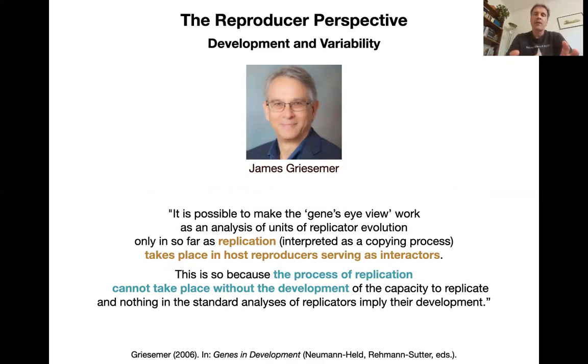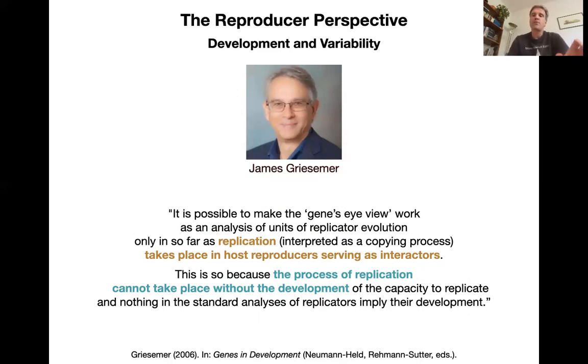Only that context will provide the right kind of variability and the ability to actually reproduce the organization of the organism at every generation. And this is so because the process of replication cannot take place without the development of the capacity to replicate. And nothing in the standard analysis of replicators by John Maynard Smith, by Dawkins, by Hull, and others implies development.